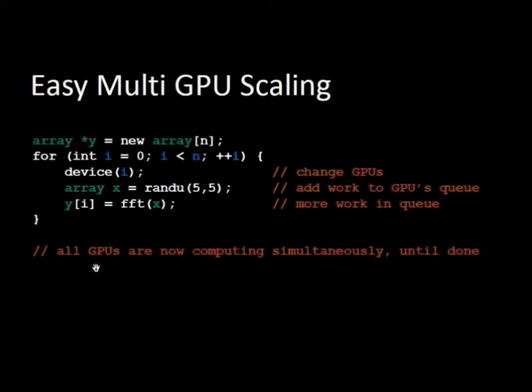They start crunching the data, and then the program either is able to continue, or if it needs a result from the queued up work, then it will automatically halt operation and wait for the results of the queued up work to return before proceeding. That's part of the lazy evaluation optimizations that ArrayFire makes, which you can learn more about in the ArrayFire documentation.